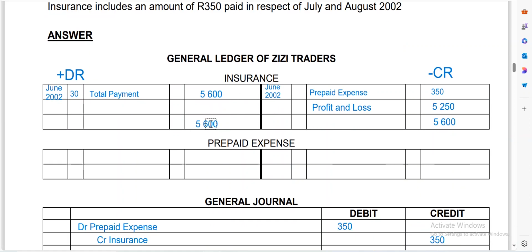Okay, so let's see now in terms of profit and loss. Insurance has been credited, so therefore profit and loss must be debited. So here we'd have the same thing here. I'll just copy this.